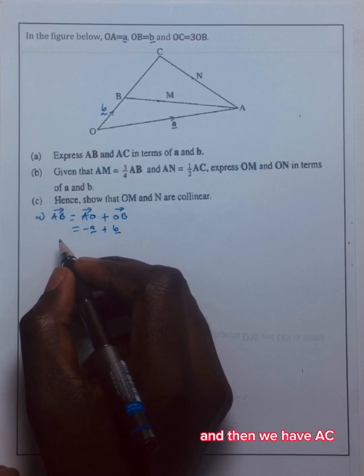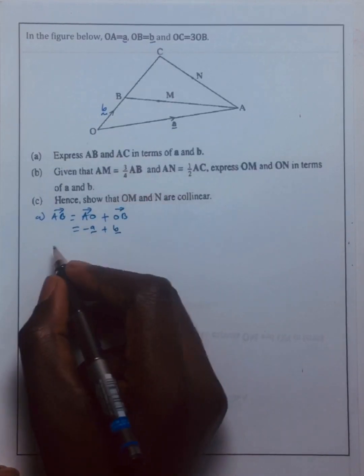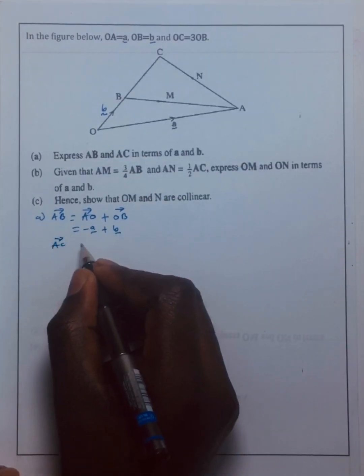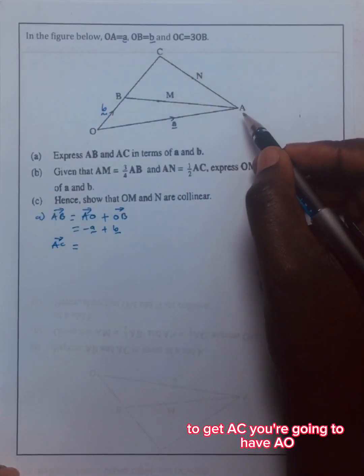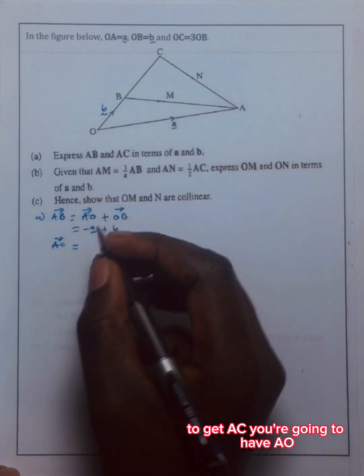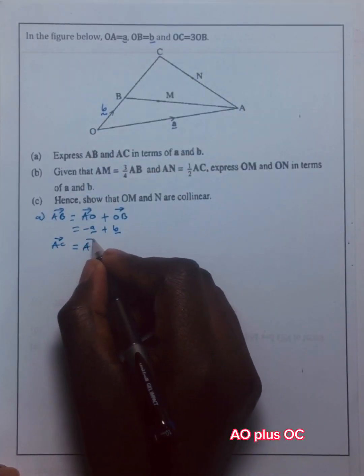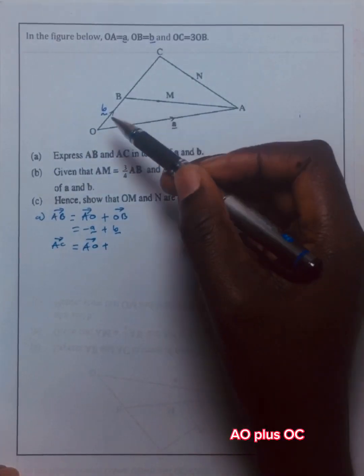And then we have the vector AC. To get AC, you're going to have AO plus OC.